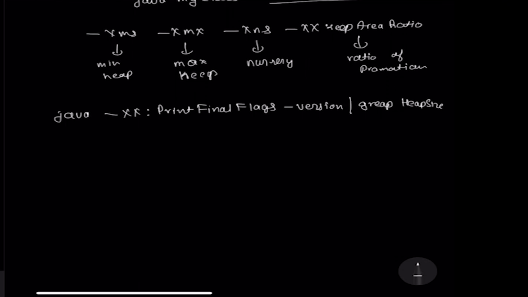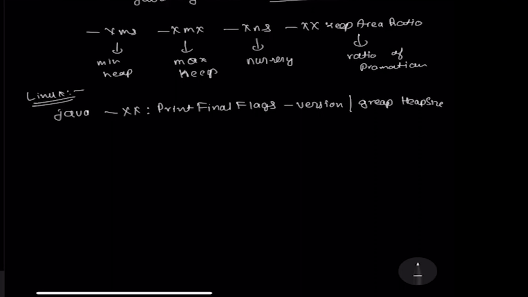Using this command on Linux, you can know all the configuration parameters related to heap. For Windows, this command remains the same. The only difference is that instead of grep, you use findstr and you write heap size. This way you can know all your configuration parameters related to heap.